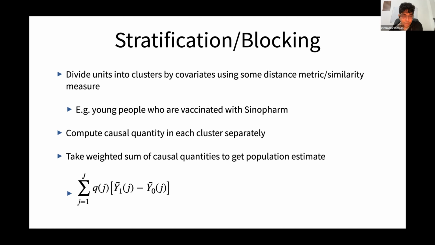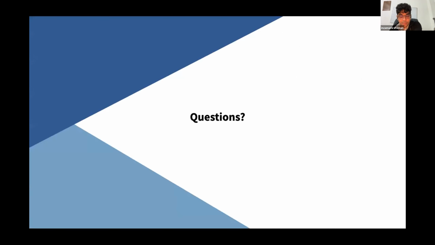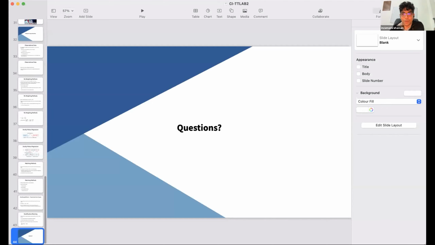So that's another approach to getting an estimate of the average treatment effect. With that, that takes me to the end of my brief tutorial. Any questions?